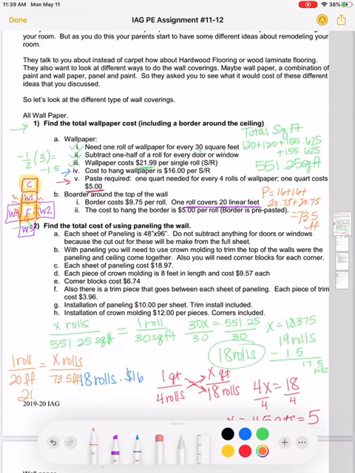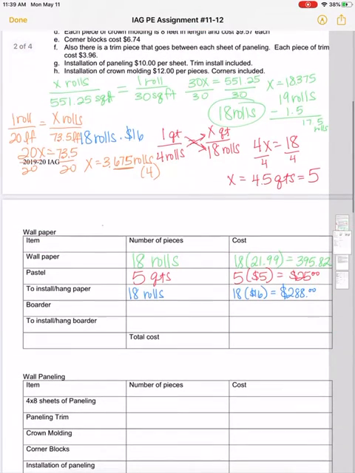Again, cross multiply, you get 20x equals 73.5. Divide by 20, divide by 20, and I need 3.675 rolls. Again, can't buy that, so I'm going to get 4 rolls of border. Fill that in down here.